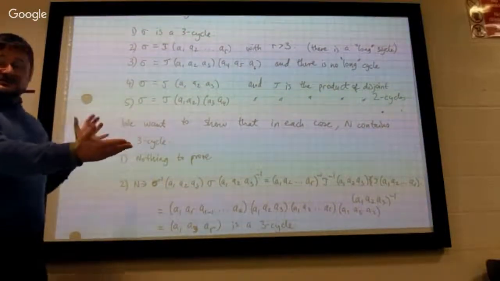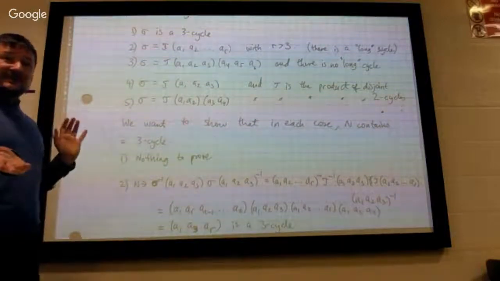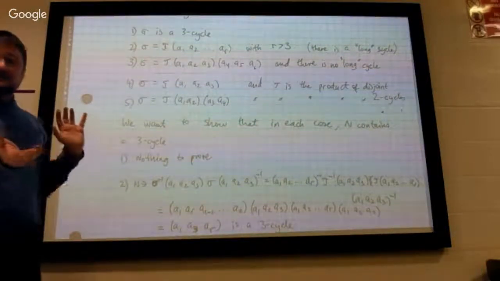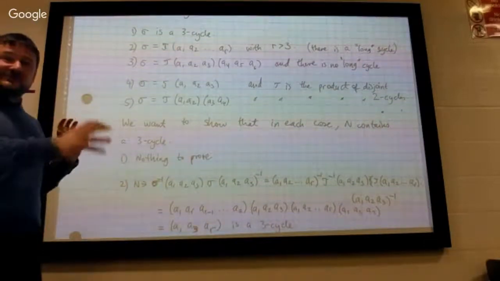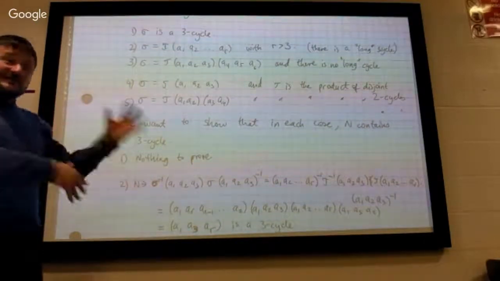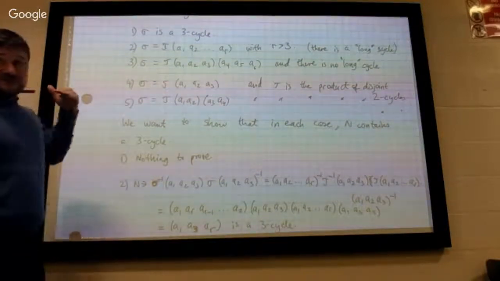You can always do that by a theorem in chapter 5, when we're looking at permutations: you can always write any permutation as a product of disjoint cycles. Okay? So you do it.